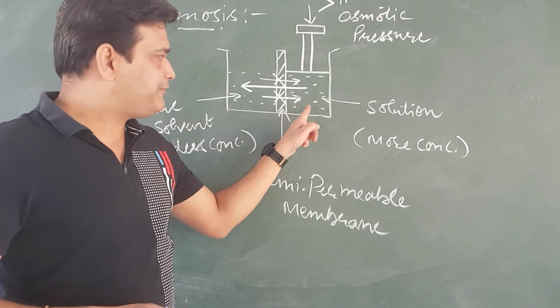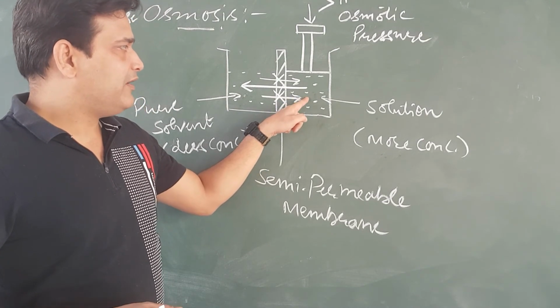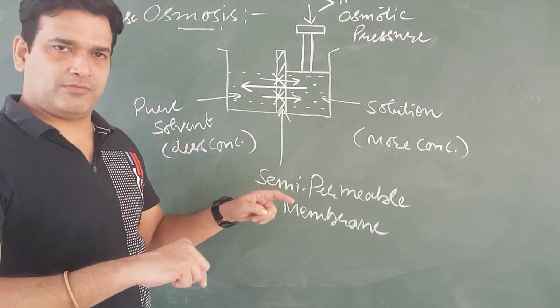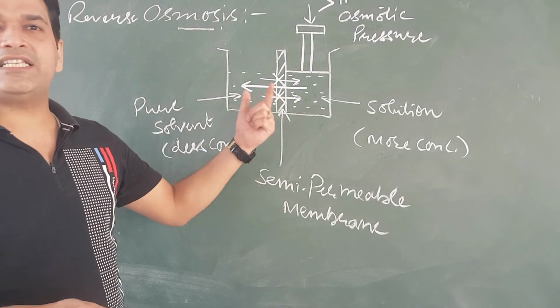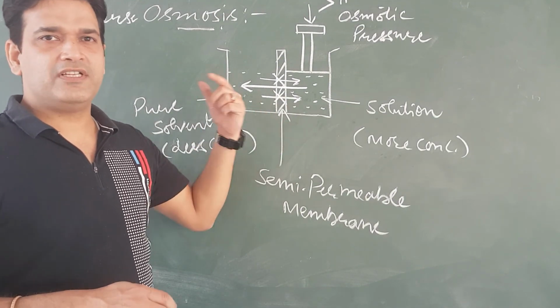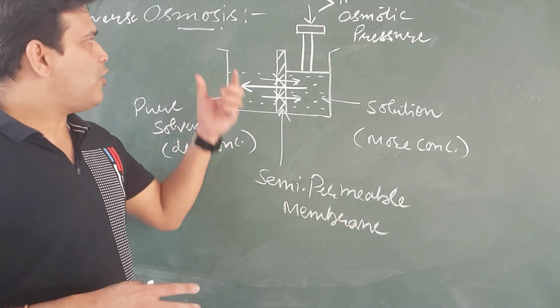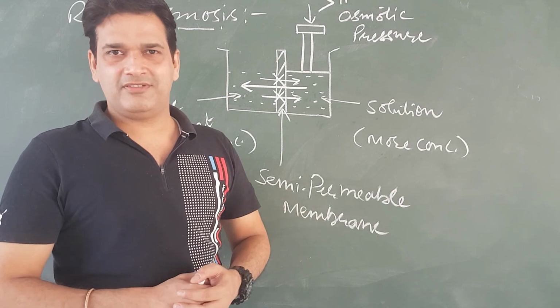And if in this container we have taken sea water, then reverse osmosis of sea water is also called desalination of sea water. So this is what osmosis and reverse osmosis is all about. Thank you.